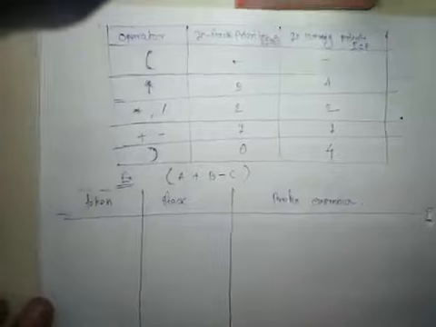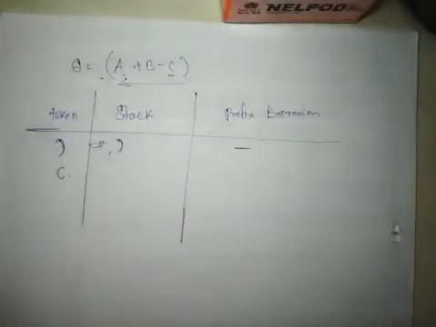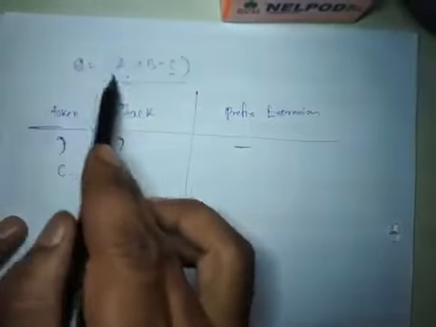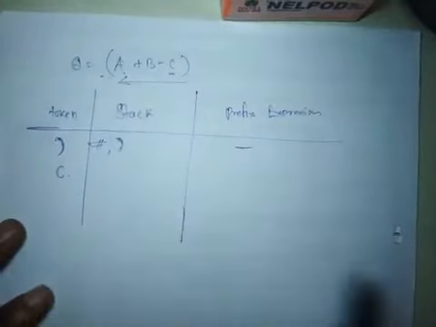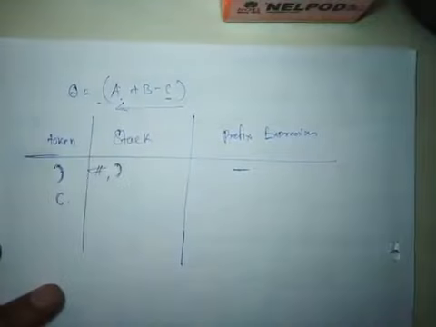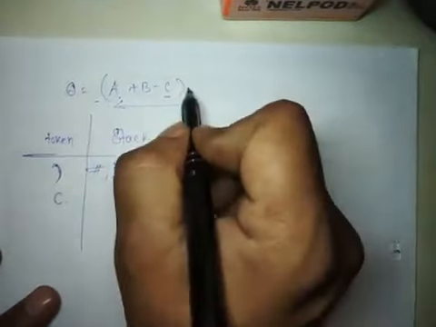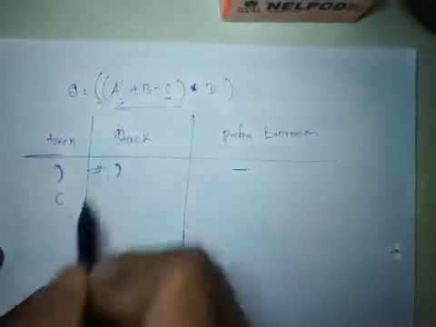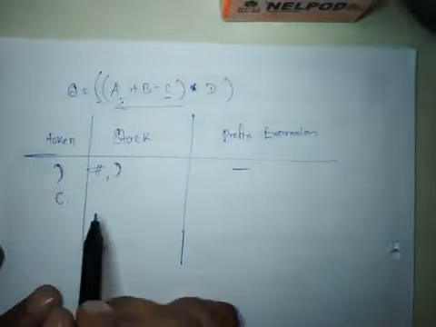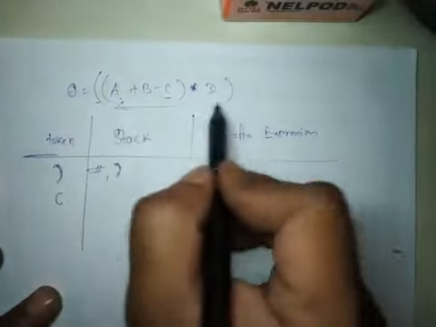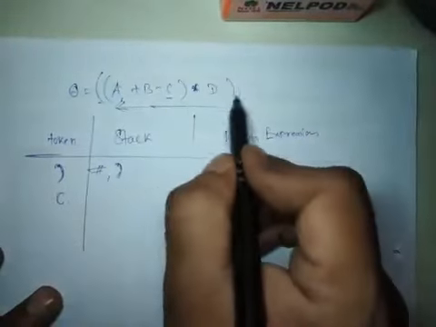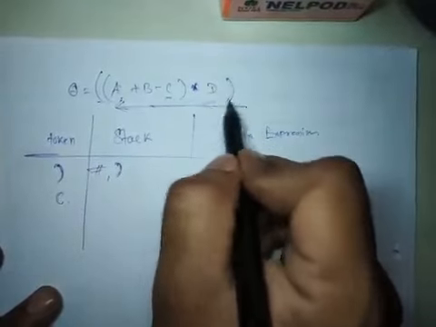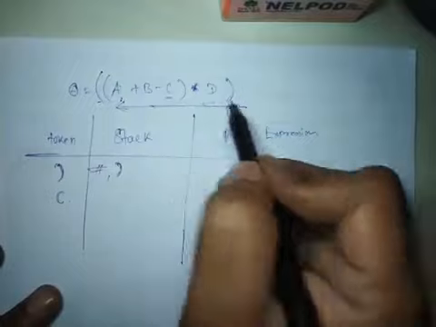Now let's see the example. Let's start with the example. We have the expression Q is equal to A plus B minus C, a very simple expression, multiplied by D, with opening and closing parentheses. Now we are scanning from right to left, so the first token is the closing parenthesis.